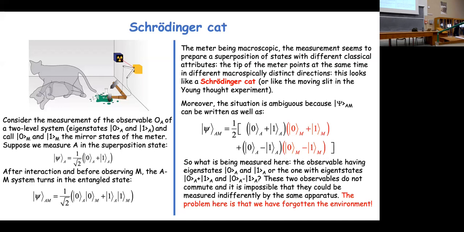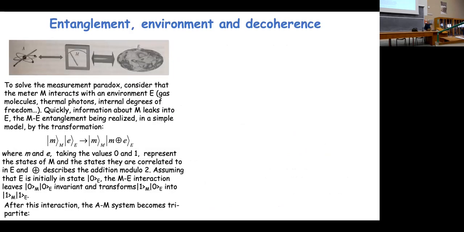And the answer to that question, to make it short, is that we forgot that if you couple the system to it, if your meter is a large system, you cannot avoid considering the environment. The fact that a large system is not isolated from a lot of degrees of freedom in the environment. And this is what I try to express on this slide.